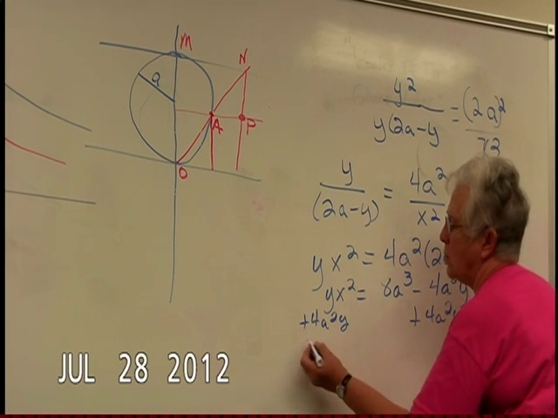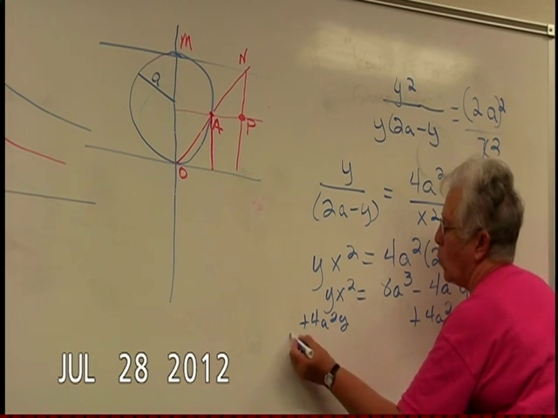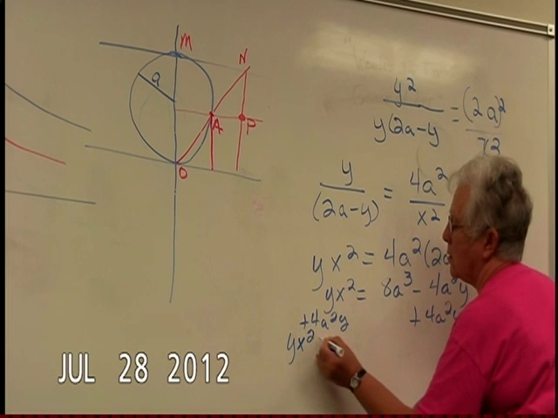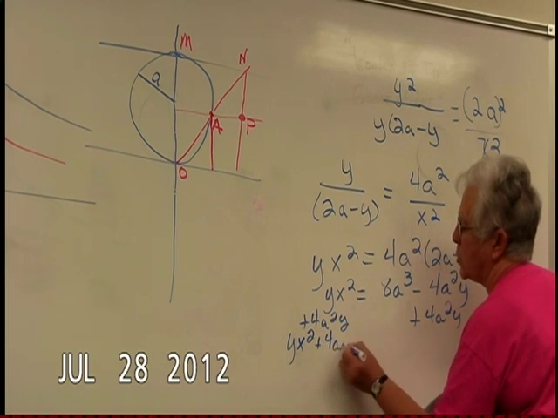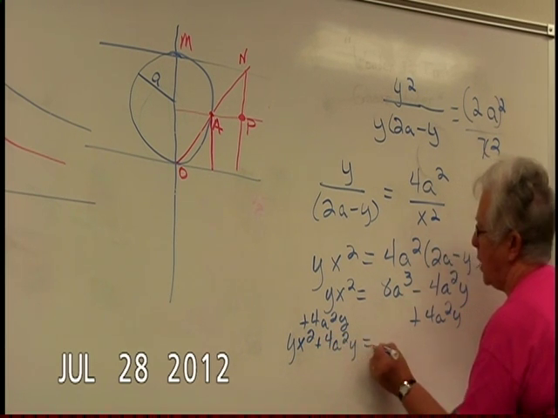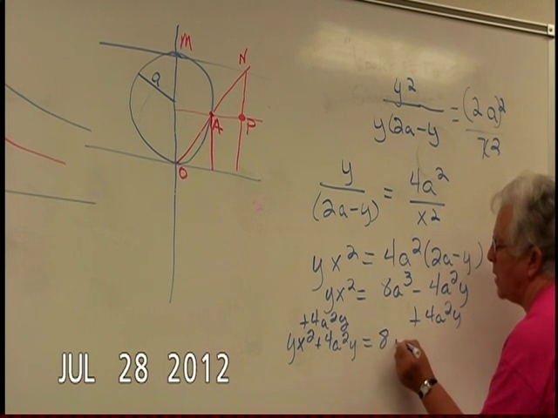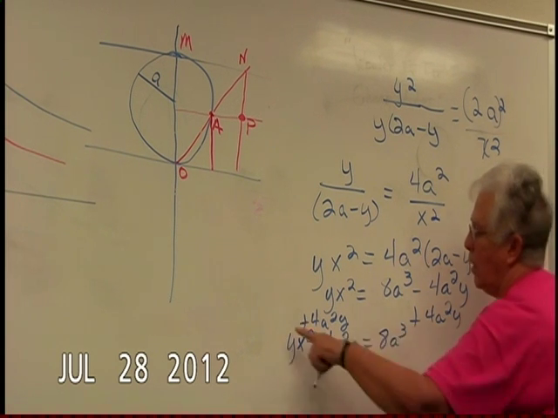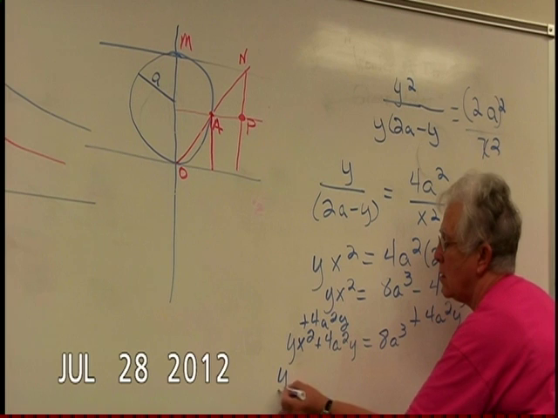That gives you y x squared plus 4a squared y equals 8a cubed. Factor out the y.